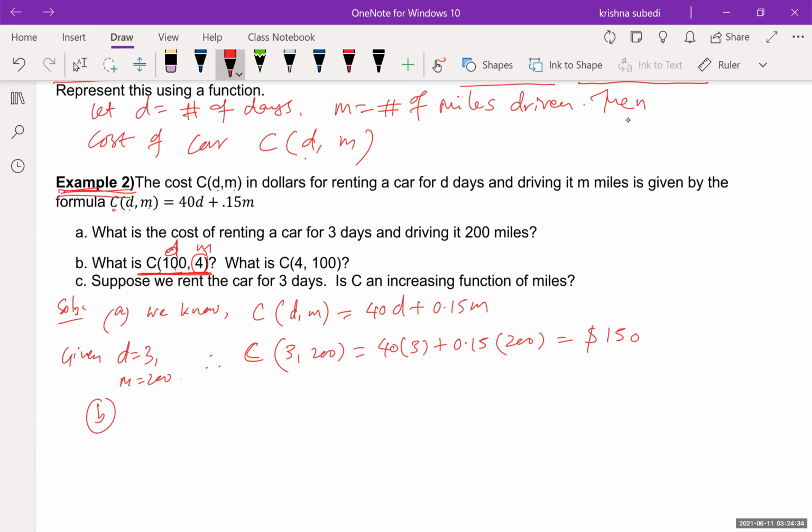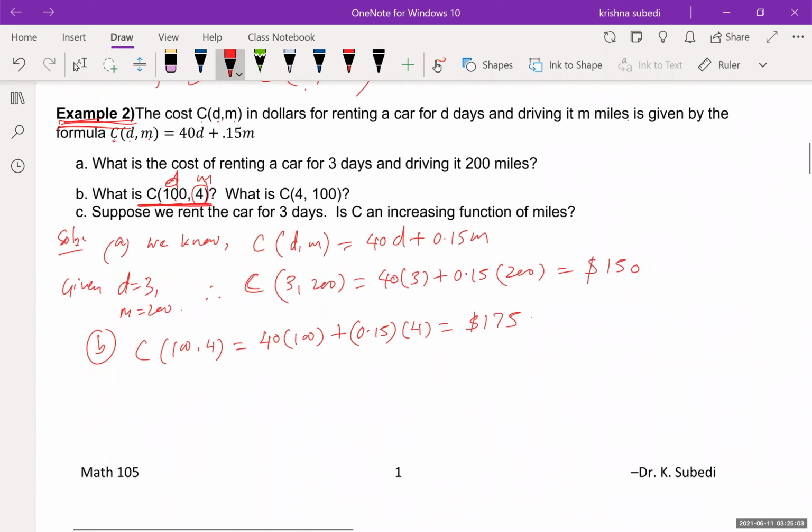If you rent the car for 100 days and just drive 4 miles, the cost will be 40 times 100 plus 0.15 times 4.